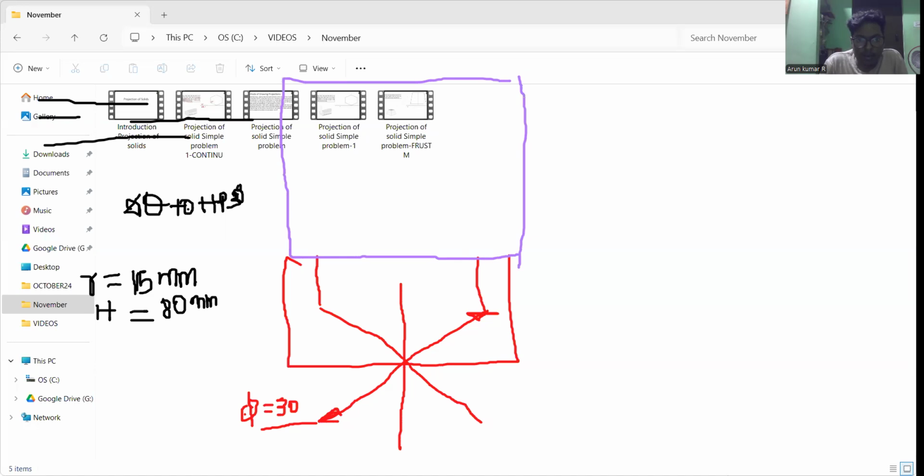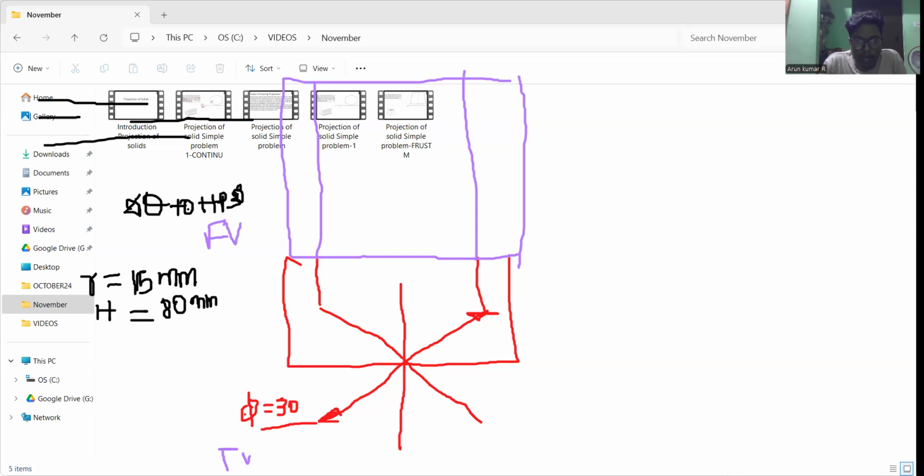Mark 1 dash here, 2 and 8 dash here, 3 and 7 dash here, 4 and 6 dash here, and 5 dash here. Similarly, extend these lines. So this is my top view of the given solid and this is my front view of the given solid.